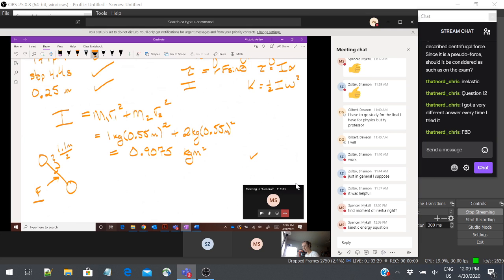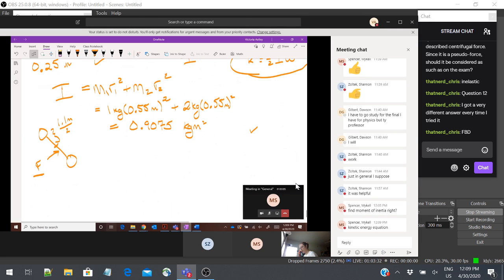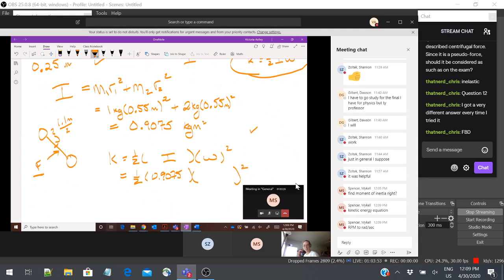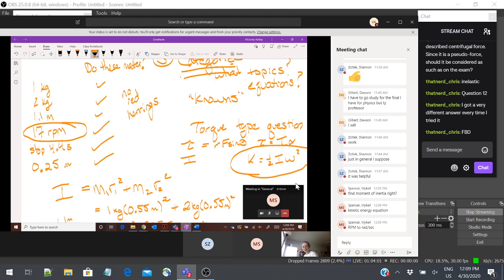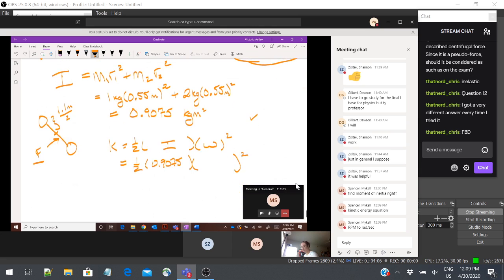Kinetic energy equation. Yep, gonna use this one: 1/2 I omega squared. What do I do for omega? Good, we do have omega. Omega is our 17 RPM, but you always want to put it into radians per second.